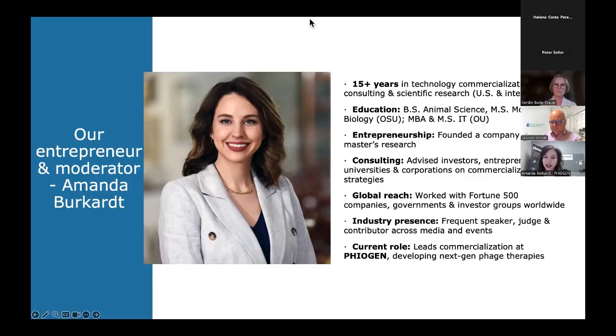So that's where Phiogen comes in. We've developed the first and only immunizing therapeutic that not only eliminates the active infection, but also prevents recurrence. A lot of times when people ask what I'm doing, they hear it's a phage company, they roll their eyes and say, oh, another phage company. But actually, we've selected phages through our technology platform that have unique properties, and we're just beginning to scratch the surface of what phages can do.